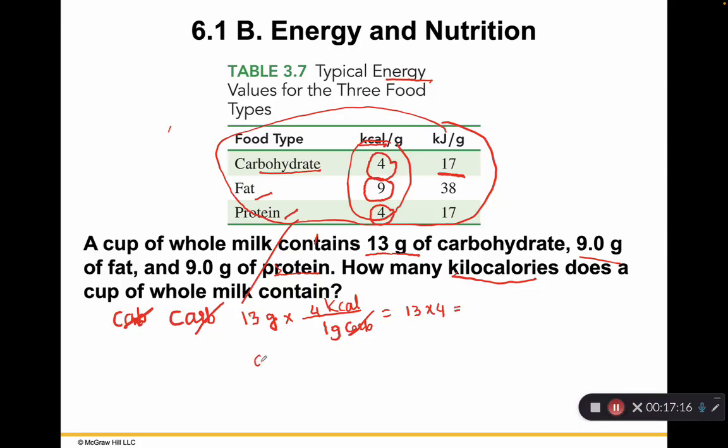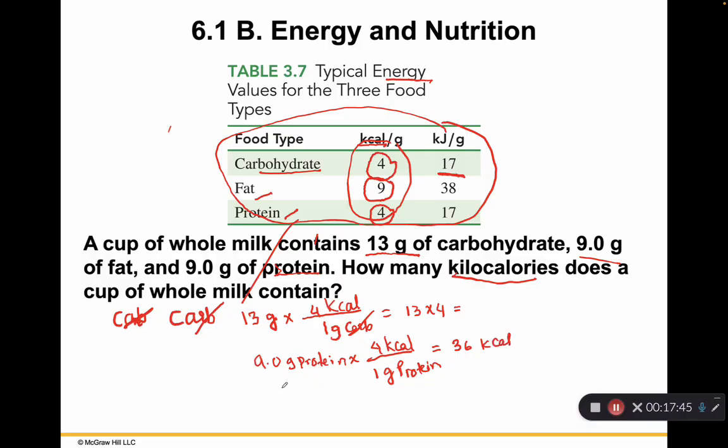Similarly, I have 9 grams of protein, right? Each 1 gram of protein gives me 4 kilocalories of energy. I took this conversion factor from the table. So I have here 9 times 4, which is 36 kilocalories.